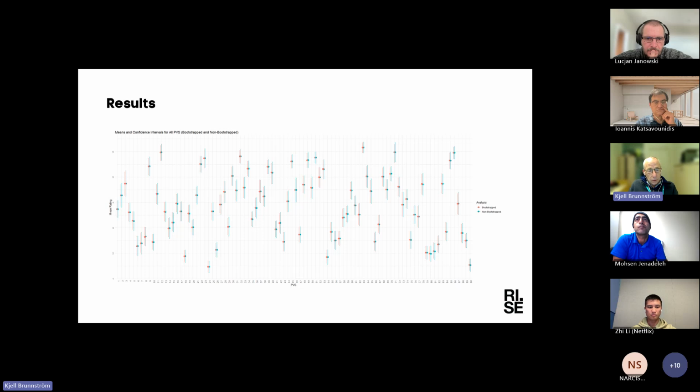Here I wanted to show a comparison between the mean opinion score calculated both bootstrapped and non-bootstrapped. And we can see that there is a very close relationship between the mean values for all of the PVSs, with slightly shorter confidence intervals for the bootstrapped results.